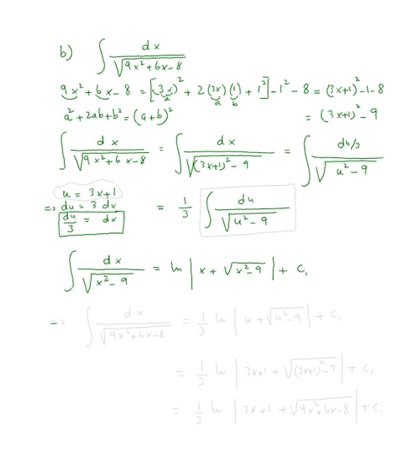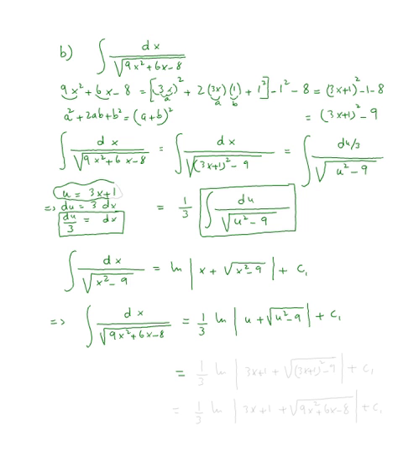So therefore, if you look at this integral, it's exactly the same as part A. So this is equal to 1 over 3, just replace the u by x. This is going to be equal to ln of u plus the square root of u squared minus 9, plus some constant c1.